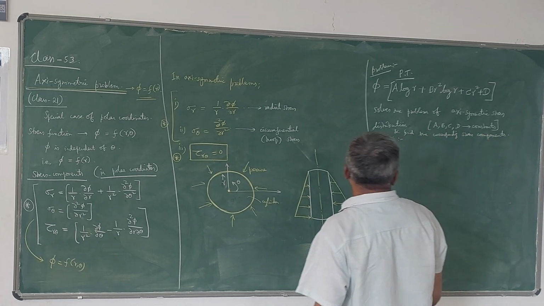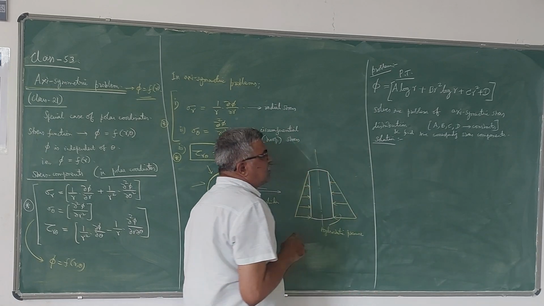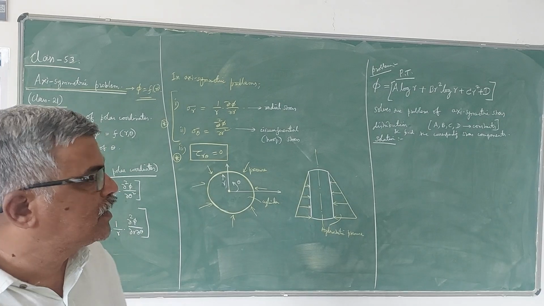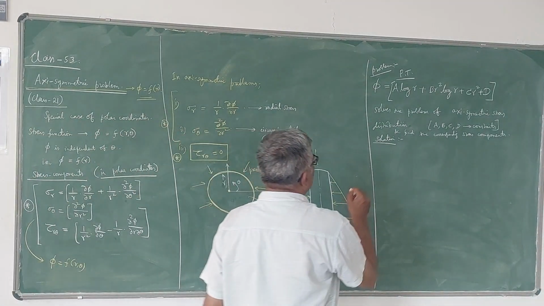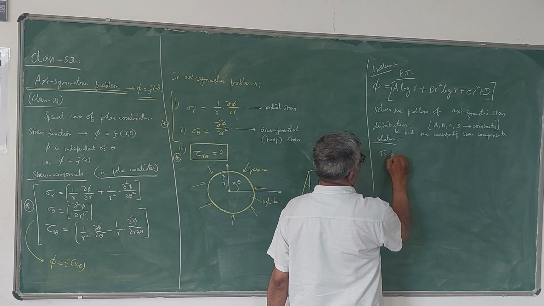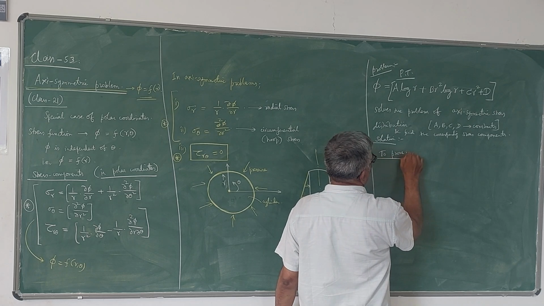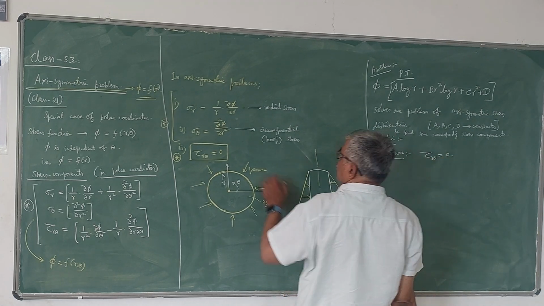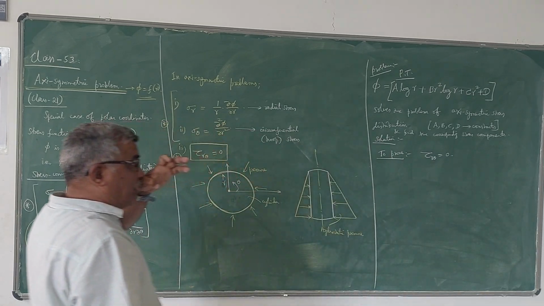So the first step is to prove that tau r theta is equal to 0. Then after that we will find the stress components. Simple.